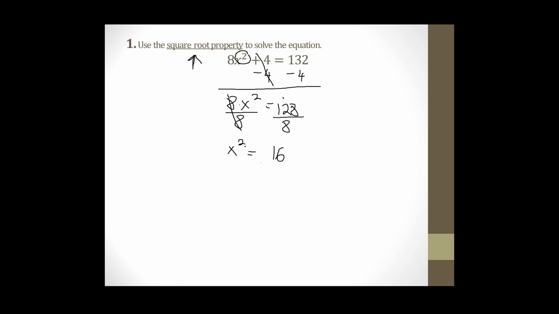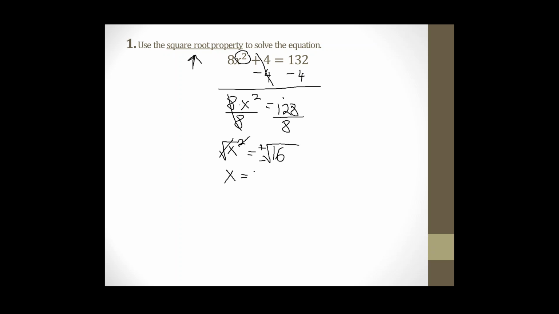All right, so now I got my x squared term all by itself. I can apply the square root property by square rooting both sides. And remember, when you're using this property, you're going to get a positive and a negative answer. On this side, the squared and the square root are canceling out, and I'm left with just x. This is what I wanted.